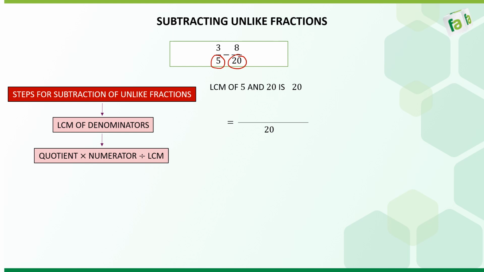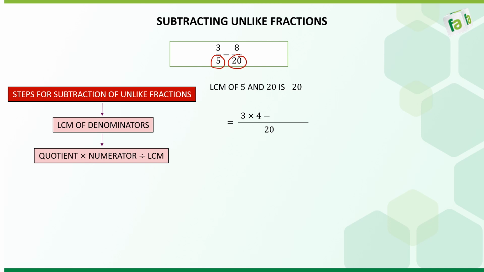Then, we have to divide our LCM 20 by denominator 5, which will give us 4. Then we will multiply 3 given in the numerator by our quotient 4.